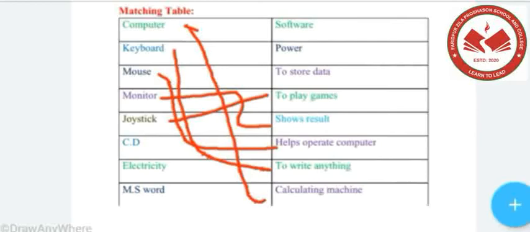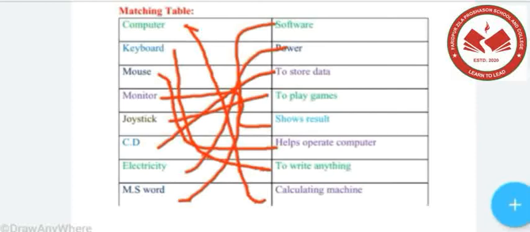Already you have read that CD is used to store data, so we can make a line between CD and to store data. Electricity, a power, by which we can easily run computer, so we can make a connection between electricity and power. MS Word. MS Word is a software by which we can write anything in computer, so we can make a line between MS Word and software. So these are the answers of questions in this section of matching table.